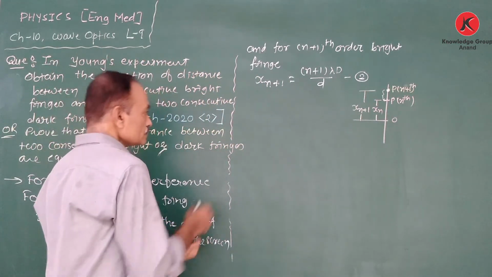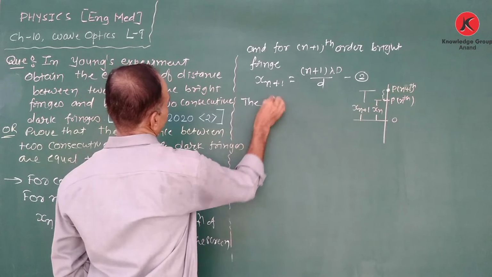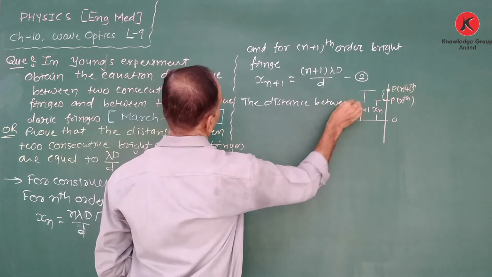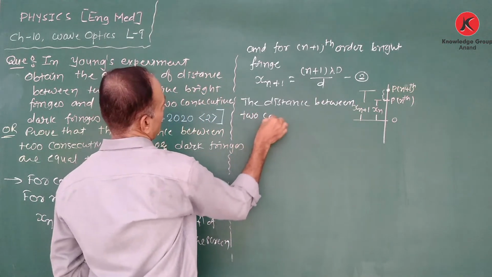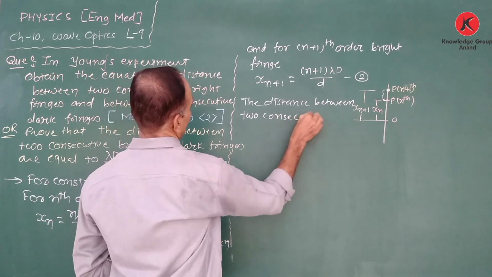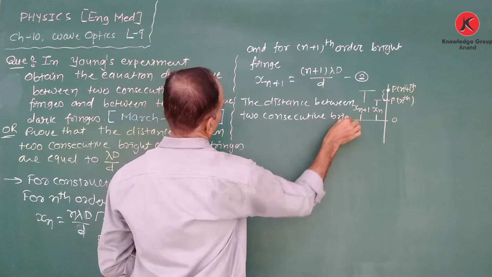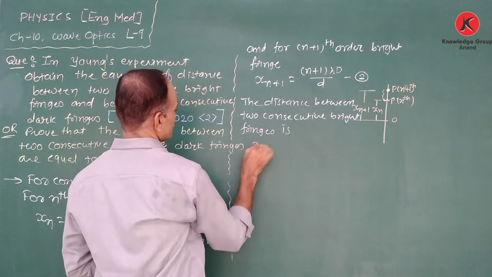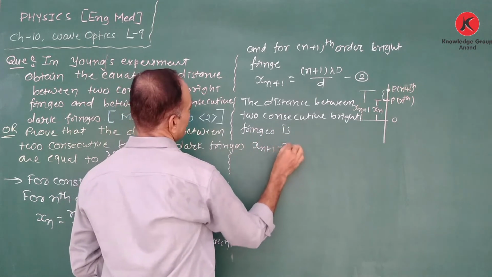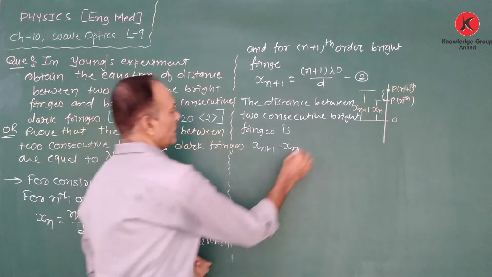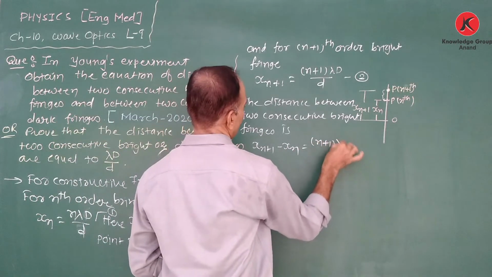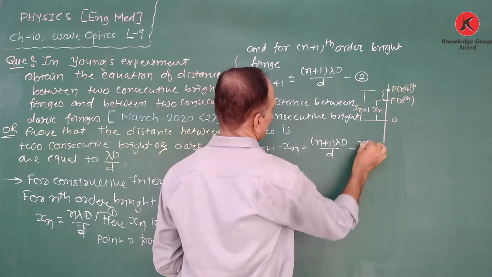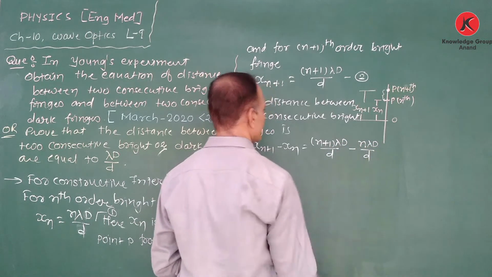Therefore, the distance between two consecutive bright fringes is xn plus 1 minus xn, equal to n plus 1 lambda D upon d minus n lambda D upon d.